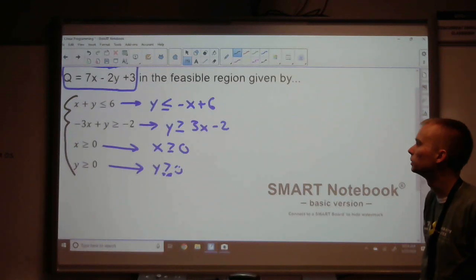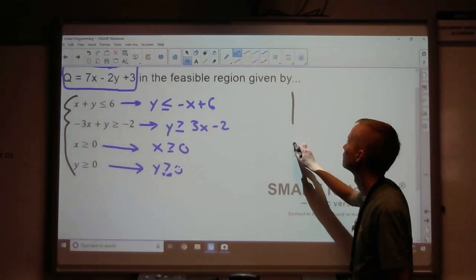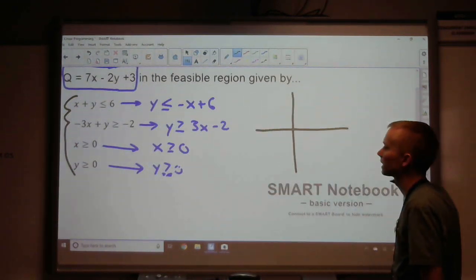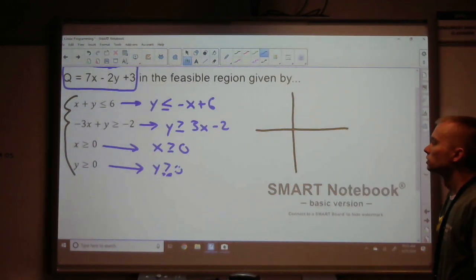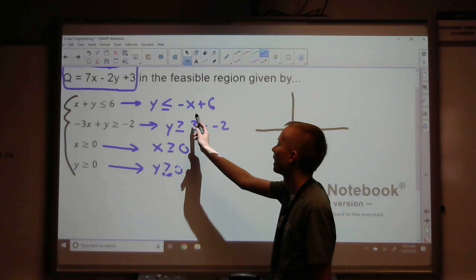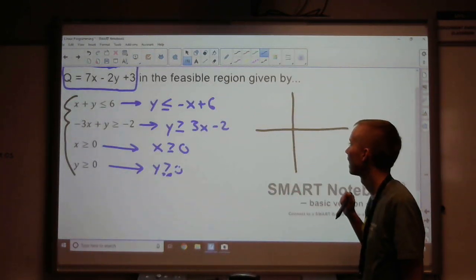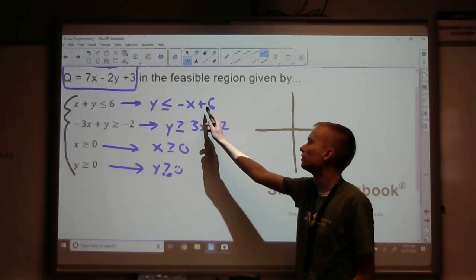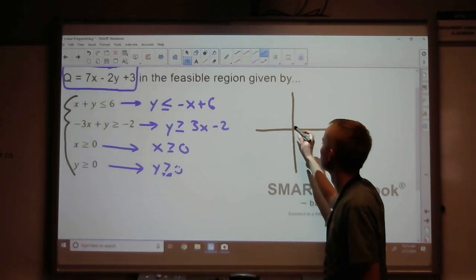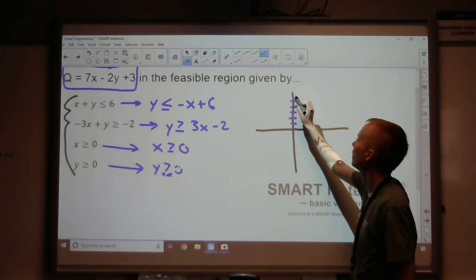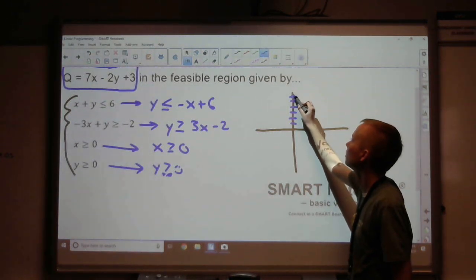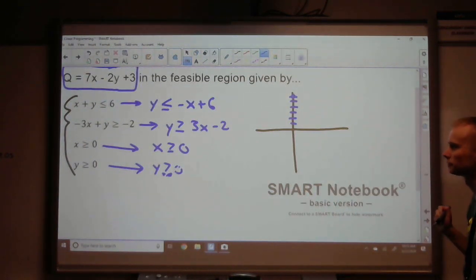Now I just want to sketch a graph of what this will look like. So negative x plus 6, what is that going to be? We have a y-intercept of 6, so 1, 2, 3, 4, 5, 6 up here.